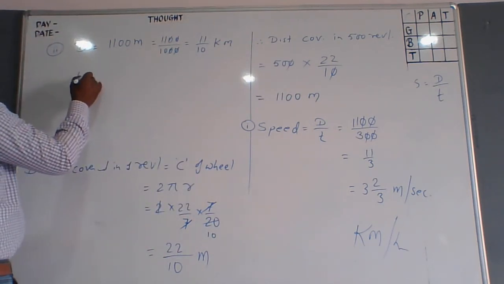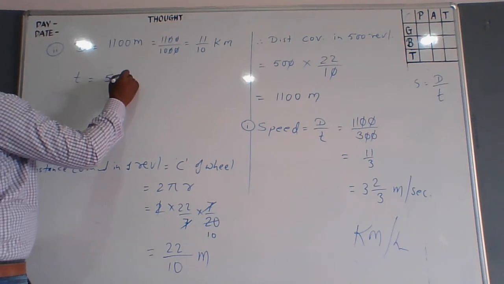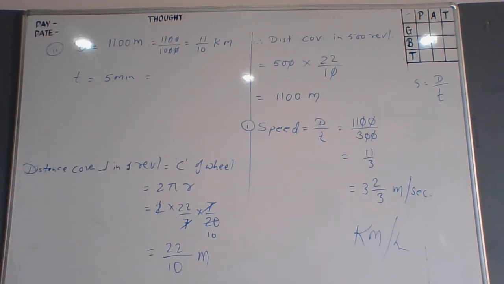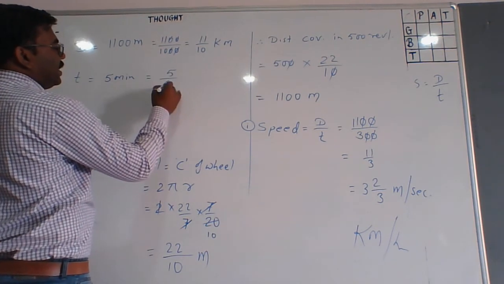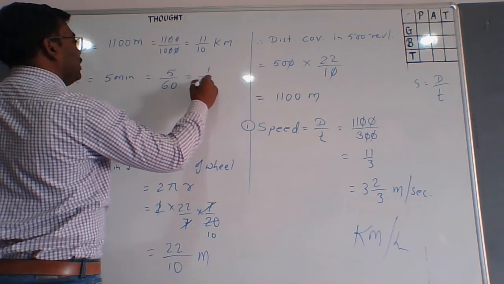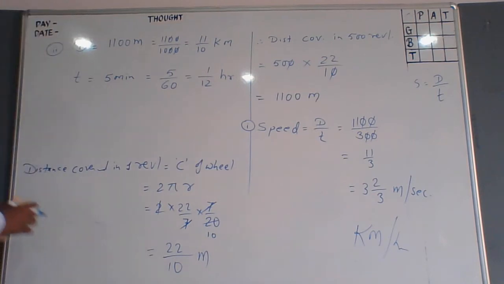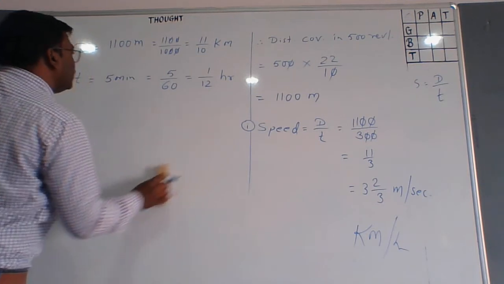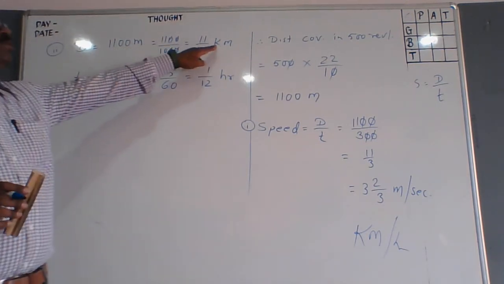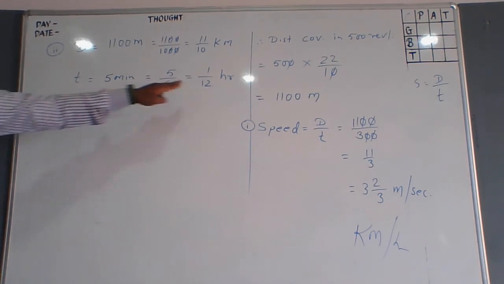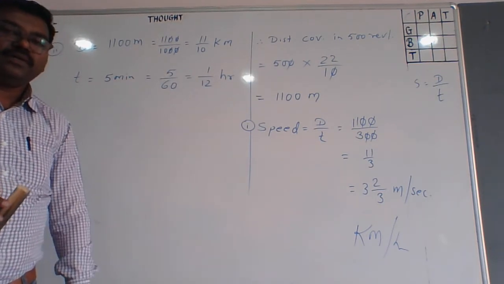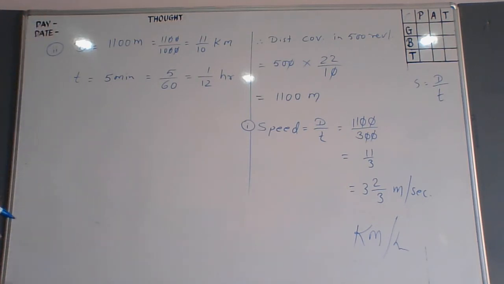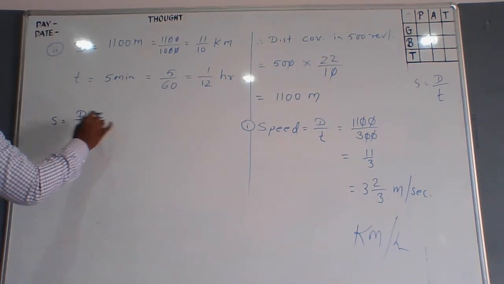The given time was 5 minutes. Converted into hours, that is 5 divided by 60, which means 1 divided by 12 hour. So this is the distance in kilometer and this is the time in hours. Now we want to find the speed. Again, we have the same formula, distance upon time.